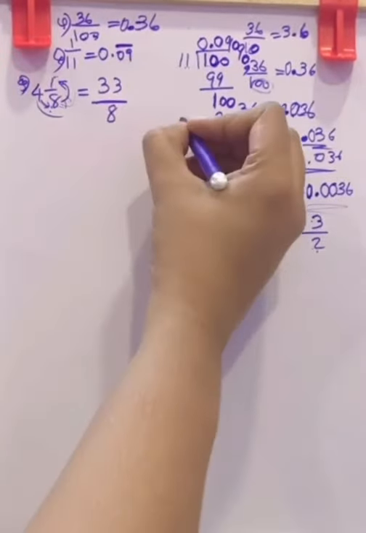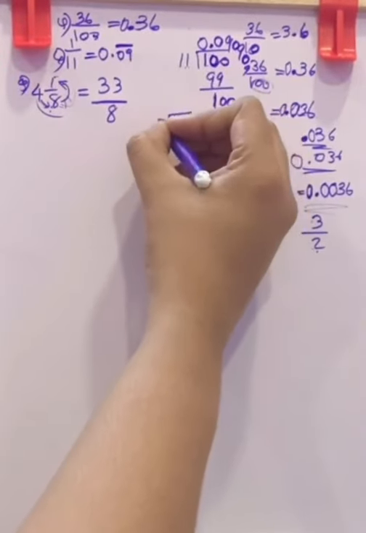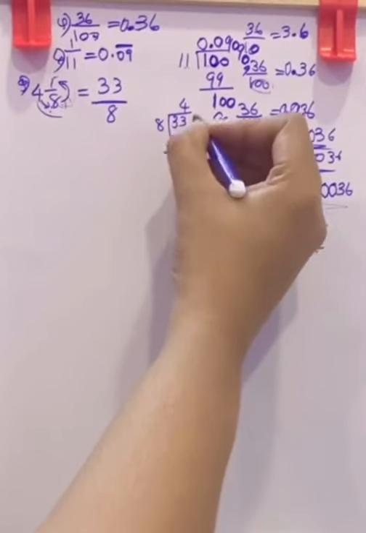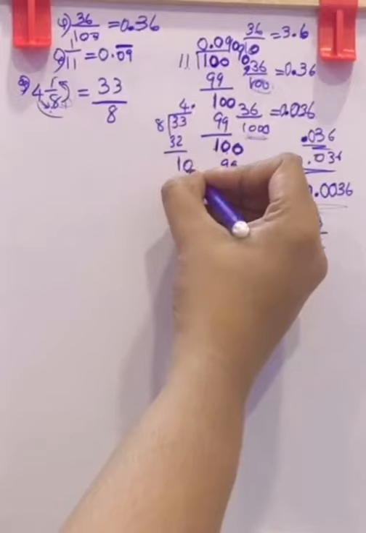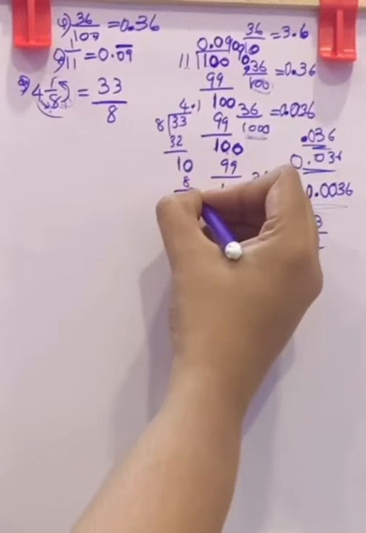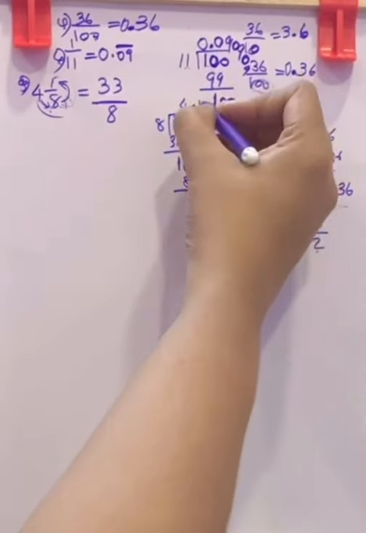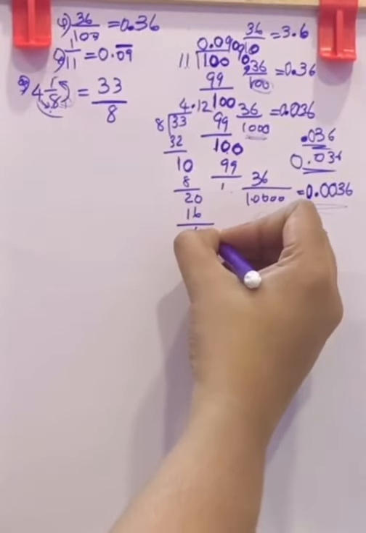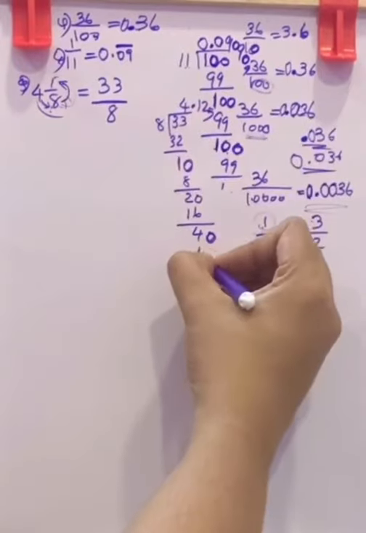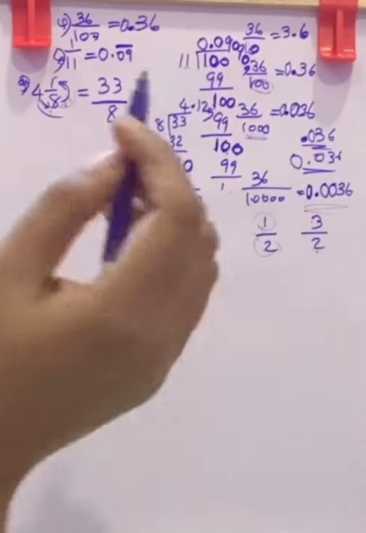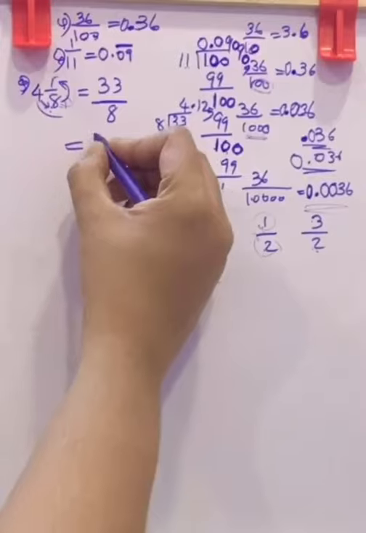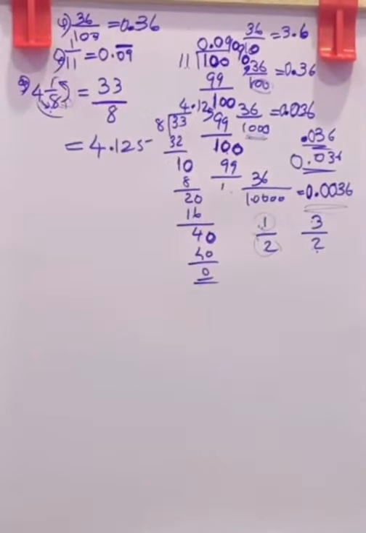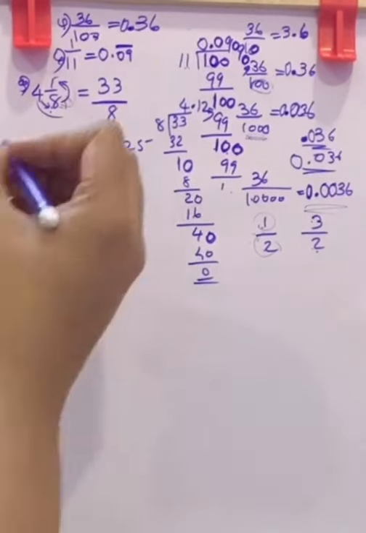Now dividing it. 32, balance 1. Now put a point here. 10, 8 ones are 8, balance 2, 20, 8 twos are 16, balance 4, 40, 8 fives are 40. You got the remainder 0, so stop. The answer will be 4.125. It is terminating.